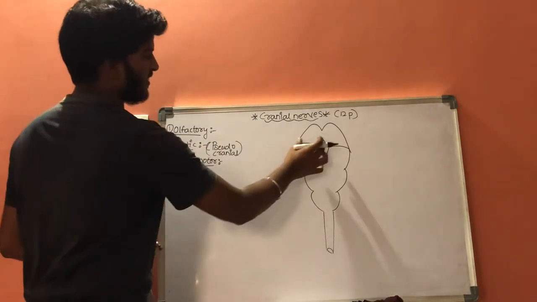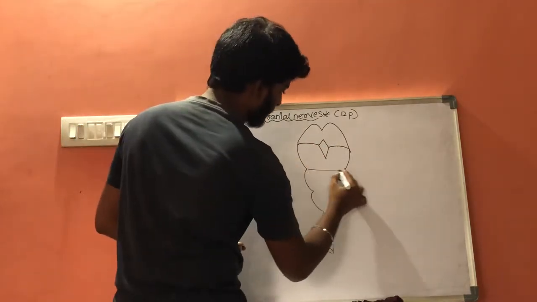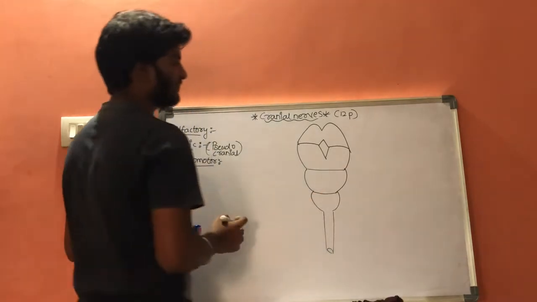Let us consider this is the structure of midbrain, and this is pons and this is medulla.